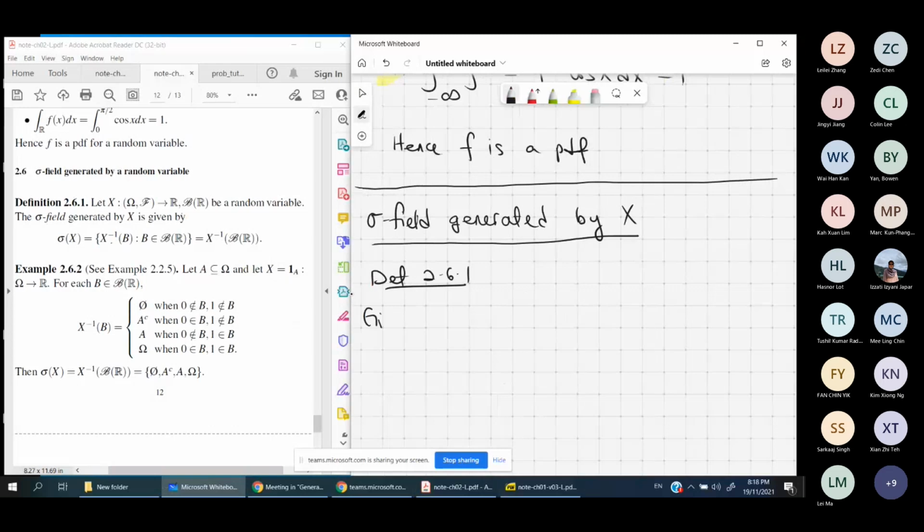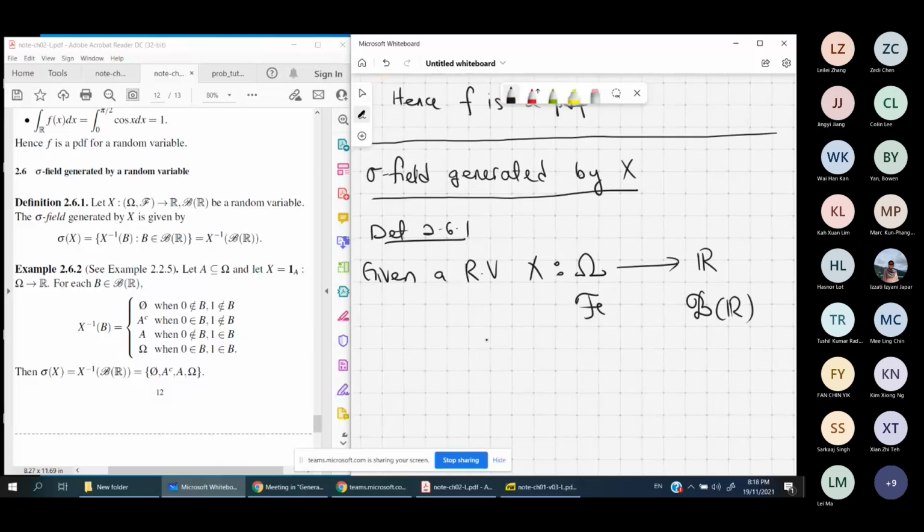So given a random variable X from omega to R, again, we always assume the sigma field on omega is F, and we always take the standard one, the Borel sigma field, for R. So in this case, F is already a sigma field for it.